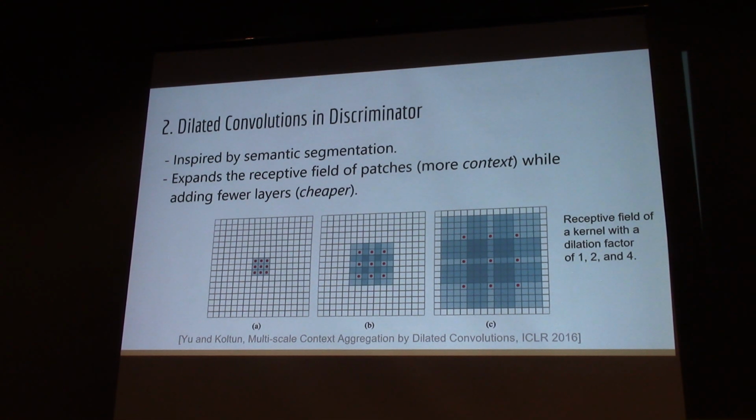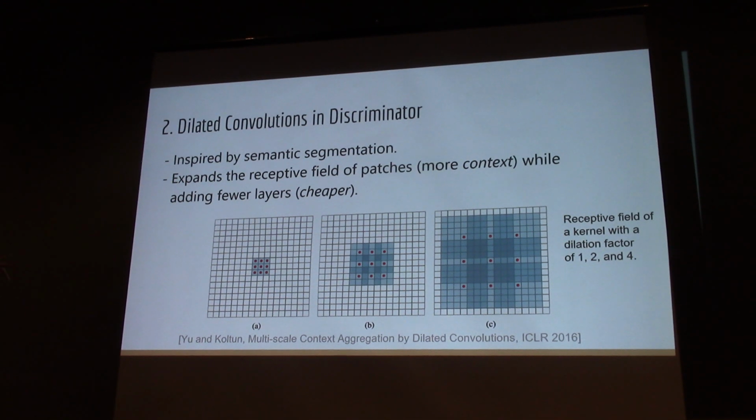A dilated convolution is one that only sparsely samples the image. So every second pixel, for instance, in a dilated by 2 convolution would be skipped. And effectively, as your layers build up, this increases the receptive field size of each of your convolutions.